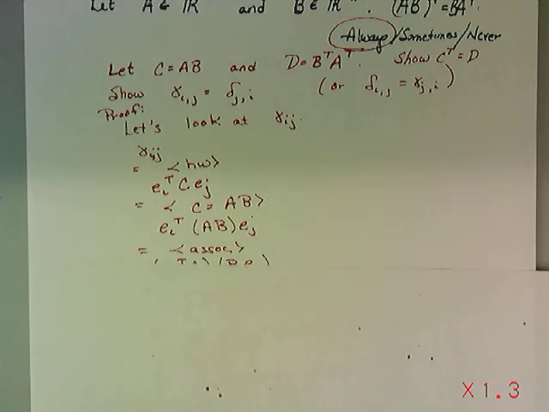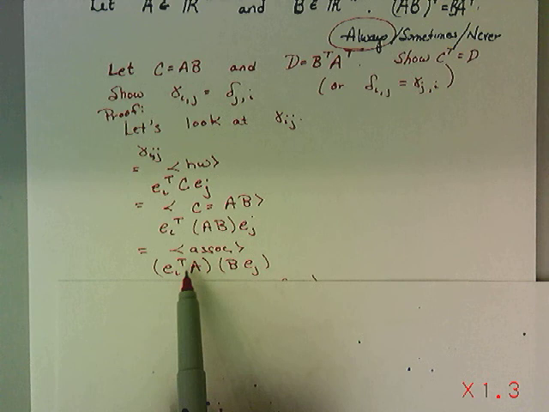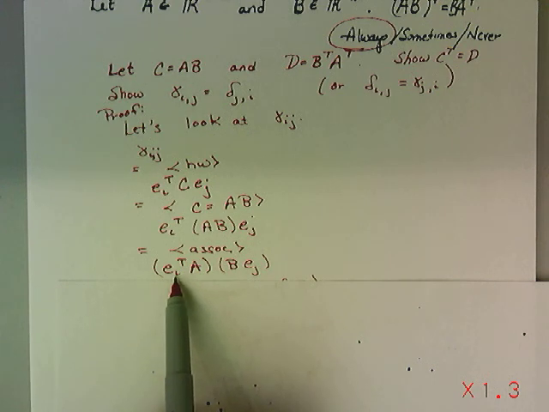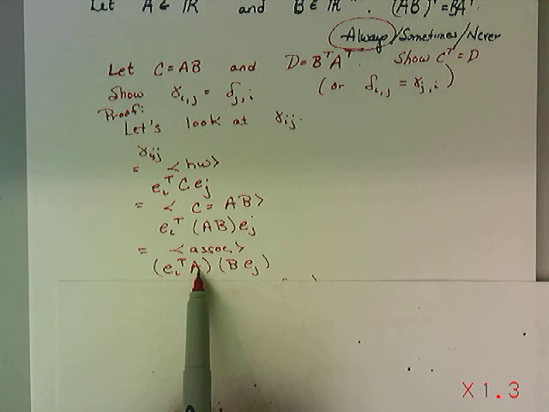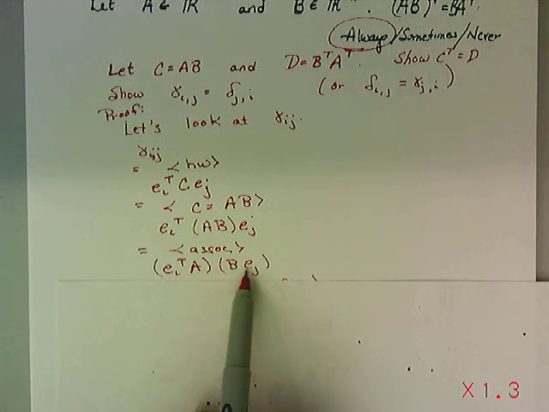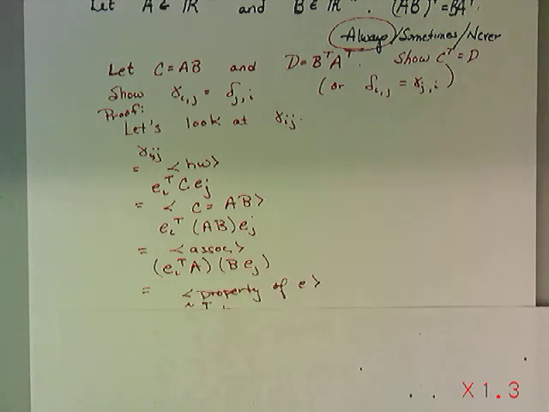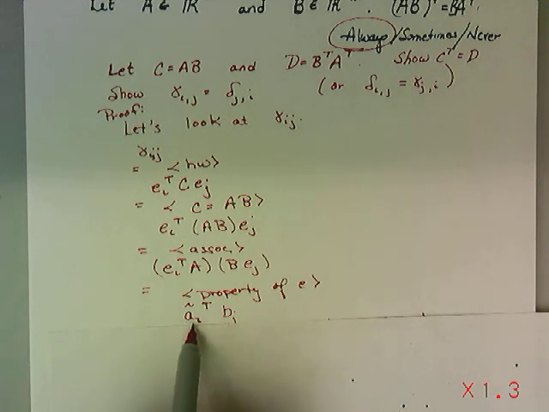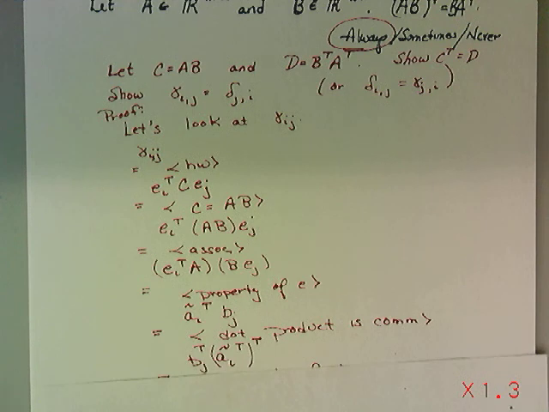And this, by associativity, can be written as the product of the transpose of the ith unit basis vector with A times B times the jth unit basis vector. But that just means that the ijth entry in C is just found by taking the dot product of the ith row in A with the jth column of B. But since dot product is commutative, that's equivalent to taking the dot product of the jth column in B with the ith row in A.